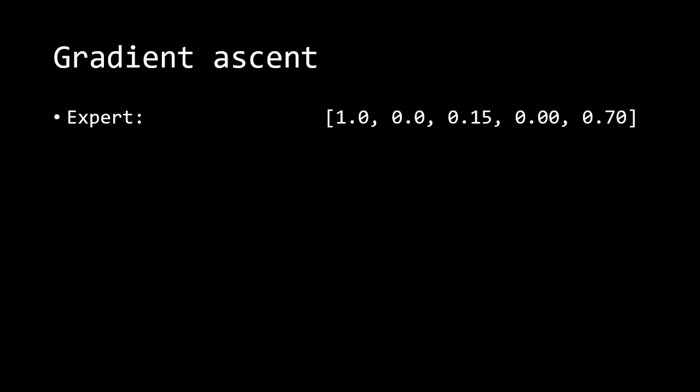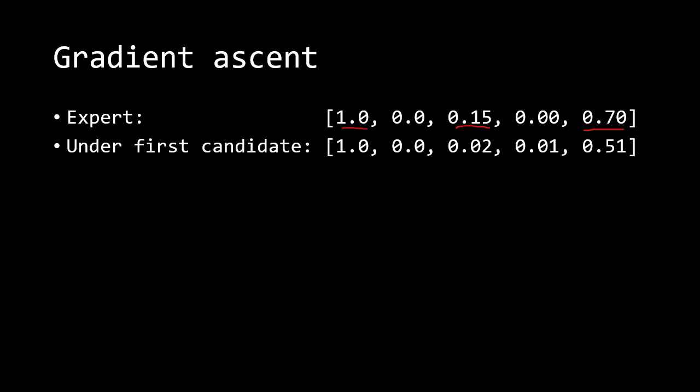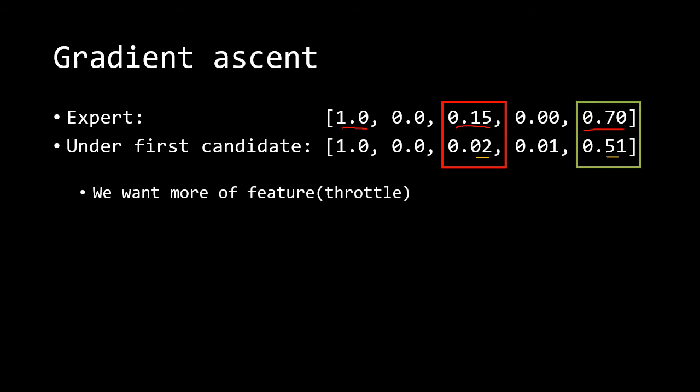All right, let's give an example of one of the steps in my process. You recognize again the 70%, the 15%. This was for the expert, and then with our first candidate, which was optimal, only 2 and only half of the time. So now we compute the difference, which is the gradient. We already saw that the agent had more acceleration and more of this third feature.